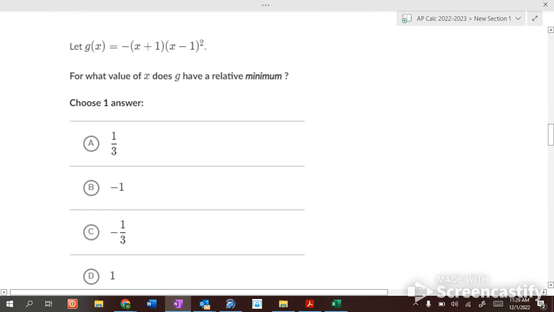All right, so here, now it wants to know where the relative minimums occur. Okay, well, this is a regular function, right? So if we have the regular function, we need to find the first derivative. Ooh, this is going to suck. Why is it going to suck?